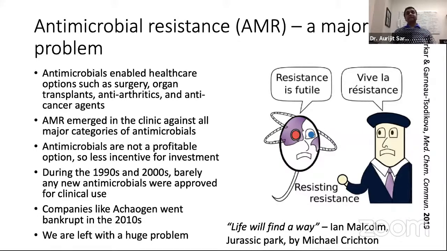However, it can't be used anymore. Why? Because most of the pathogens today are actually resistant to methicillin. Why? Because we used it in the clinic. Some strains which were able to survive started to proliferate, in turn becoming resistant.